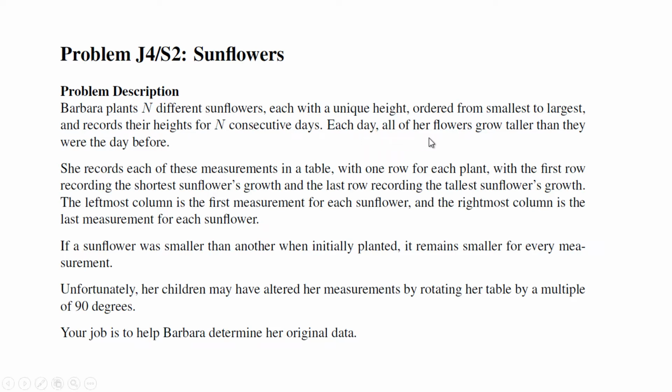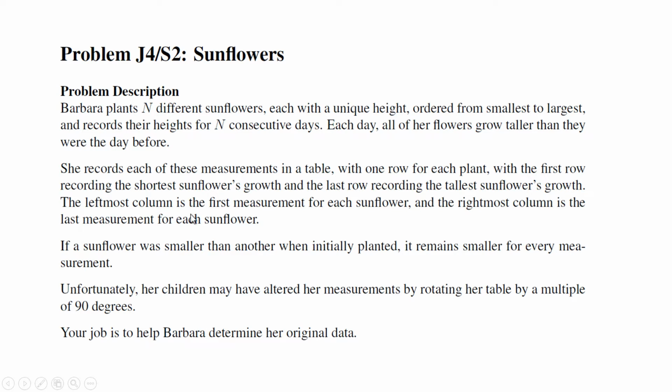Each day, all of her flowers grew taller than they were the day before, and she records each of these measurements in a table with one row for each plant, with the first row recording the shortest sunflower's growth and the last row recording the tallest sunflower's growth.